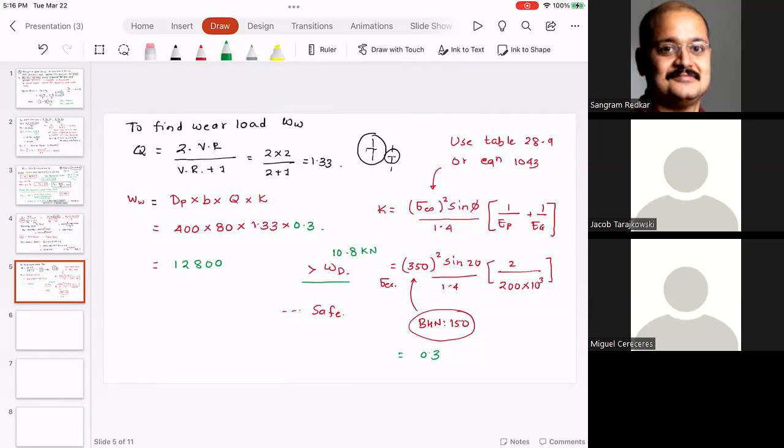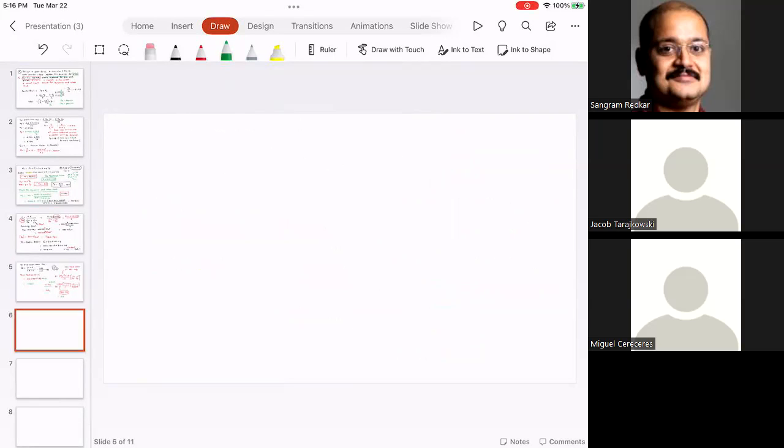Okay, so next step is shaft design. So in last class, we looked at the shaft, I think it was cantilevered.